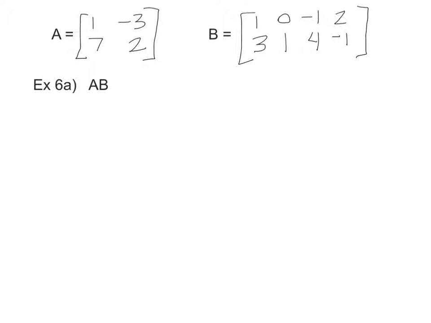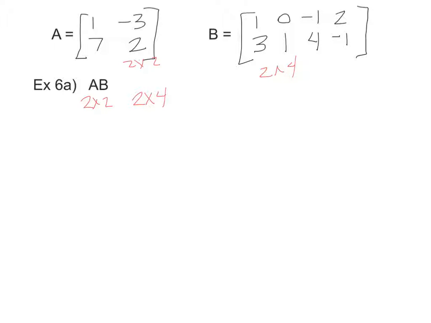So if I have A times B here, then we have to determine our dimensions. My A matrix is a 2 by 2. My B matrix here is going to be a 2 by 4 matrix. So if I'm multiplying a 2 by 2 times a 2 by 4, is that even possible?